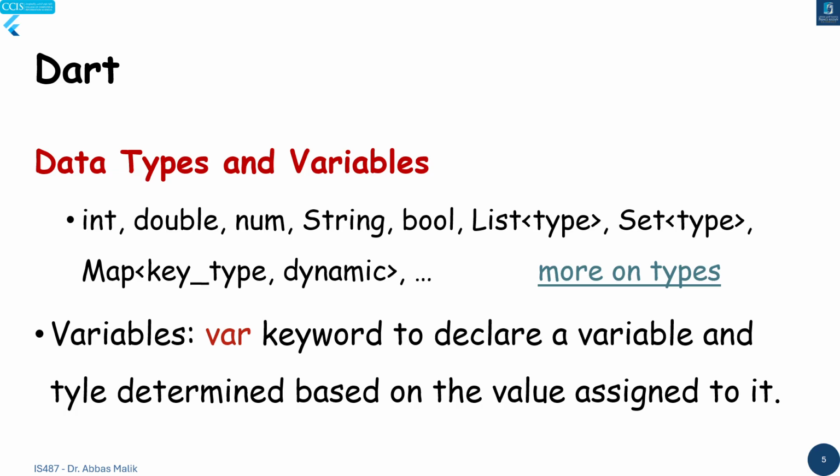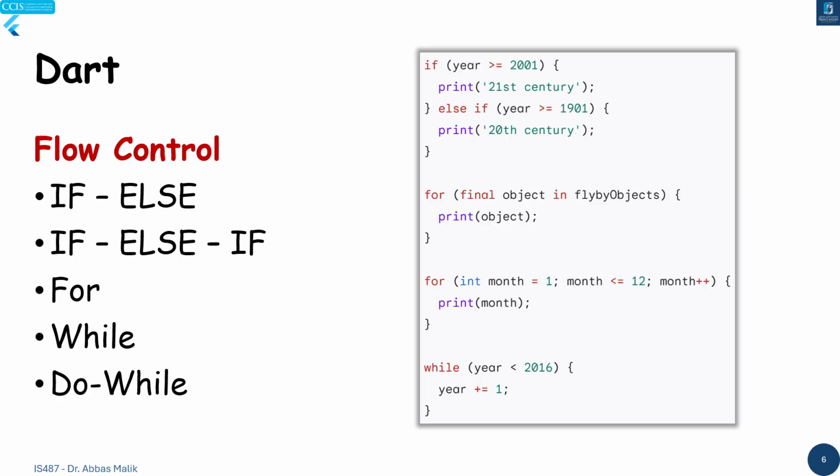So if we declare a variable using the var keyword in the Dart language, the type of that variable will be decided at compile time by the first value we assign, and then it will remain constant. You can't change it later on. So this is a little bit different. We also have a final keyword that we can use to define a final variable, but we will see that during the practical session.